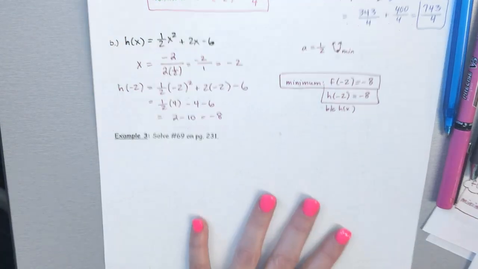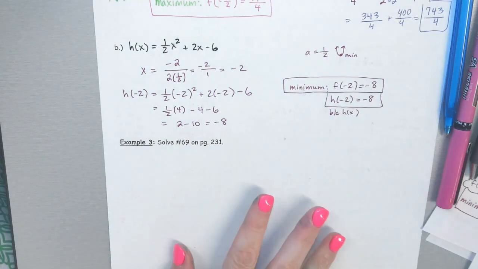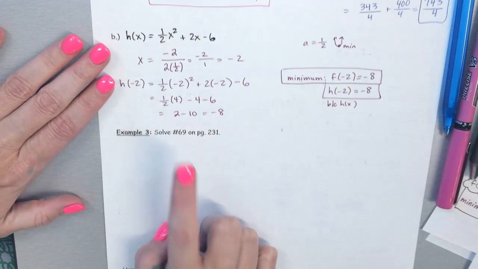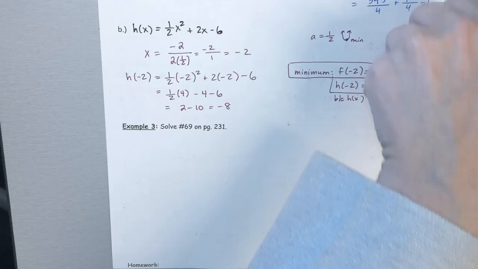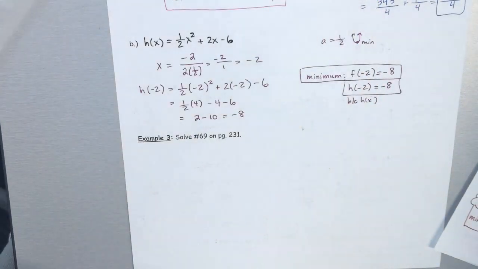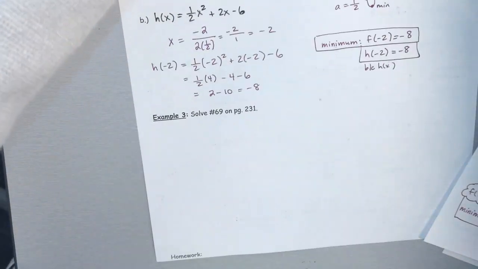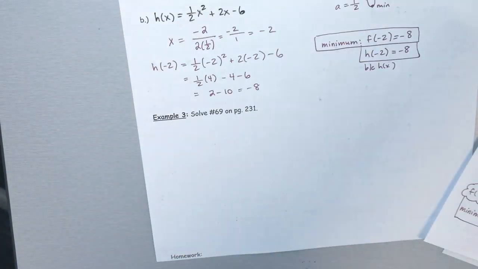All right, now example 3 is from your textbook. So I wanted to model for you how you can make what you are doing visible when there's a story problem. Okay, if you're doing your homework and you get stuck on something, maybe some of these suggestions will also help you get unstuck.